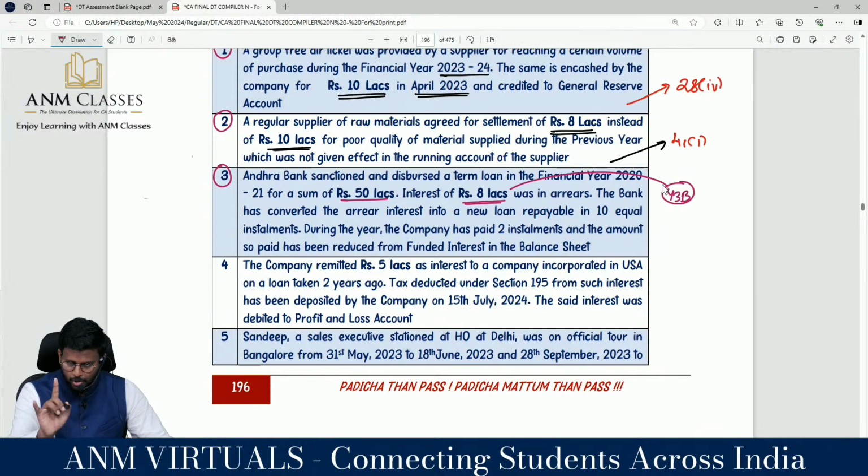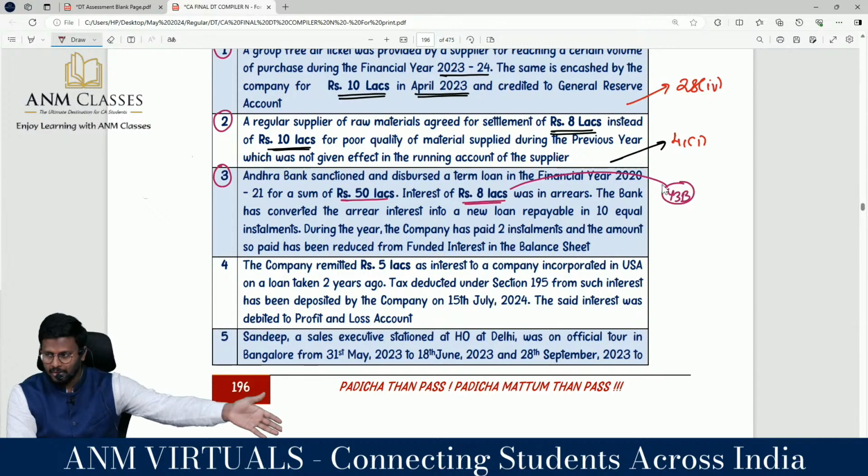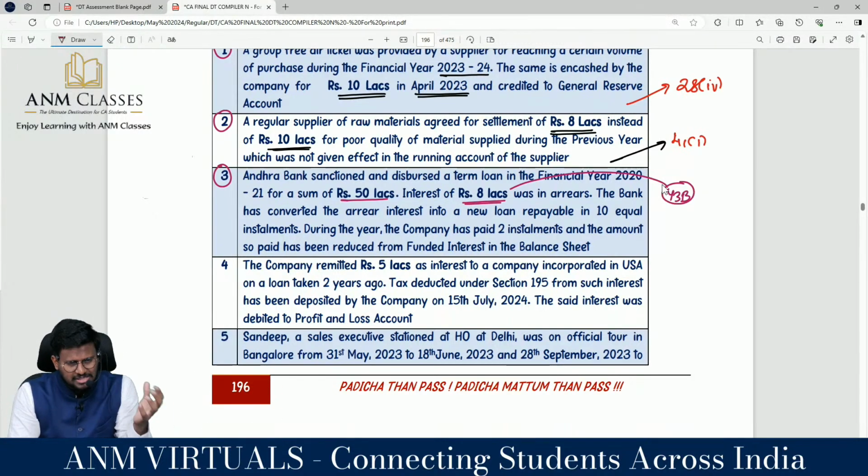Any interest payable to a financial institution or NBFC. Any amount payable to employees, bonus or commission to the employees. And next one, railways. In that one, an amendment has added a new clause called clause H.